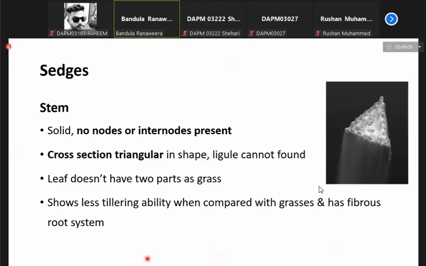So the other group, sedges. For identification, sedges have a solid stem and no nodes or internodes. The stem cross section is triangular and solid, no hollow structure.